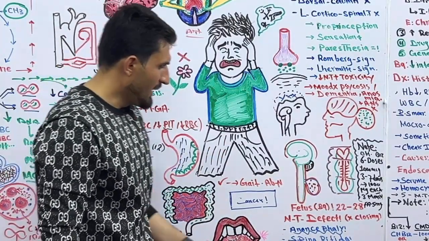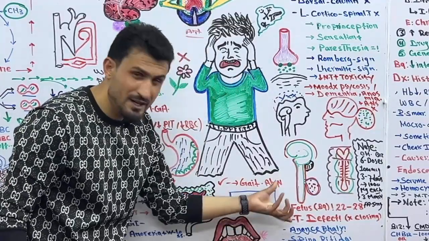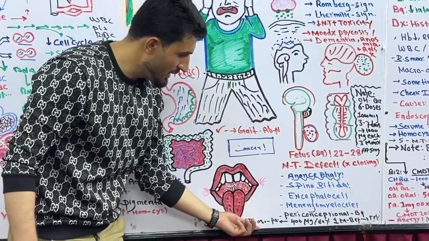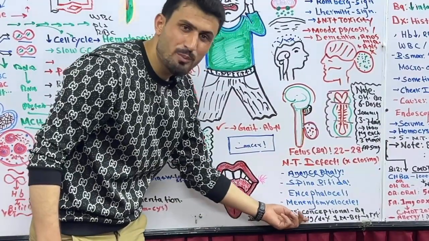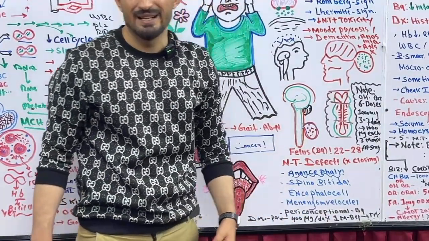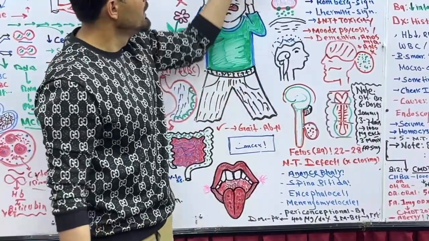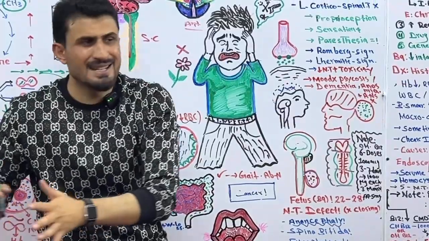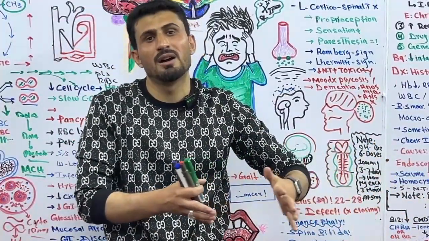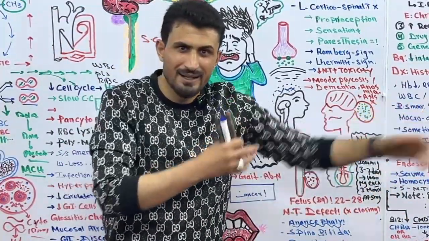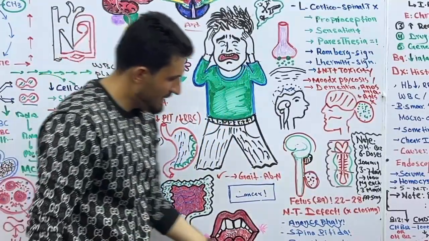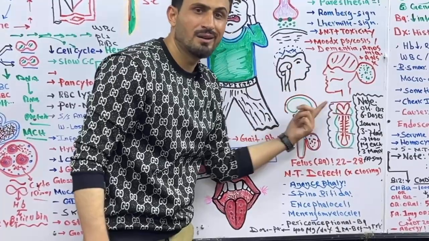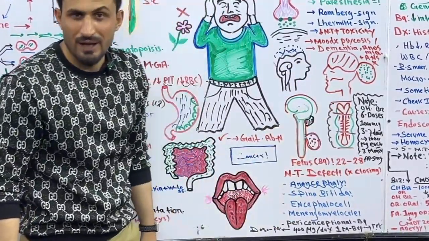So that's why, to prevent this fatal complication, doctors give 400 microgram folic acid, okay, daily before planning the pregnancy, 1 month before planning the pregnancy, till the end of first trimester or as it's needed. Got it? And this is very important for prevention of this fatal complication of folic acid.